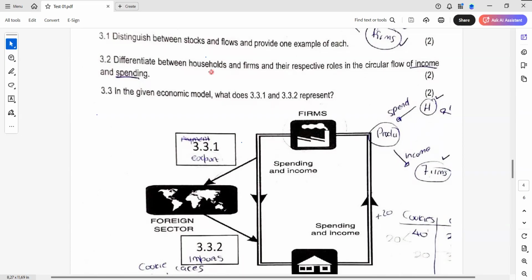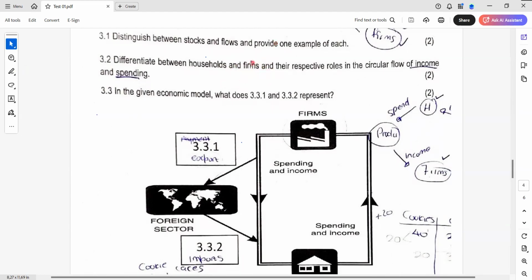So your labor will earn a salary or wage. Land earns rent, capital earns interest, and entrepreneurship earns profits. And then firms.